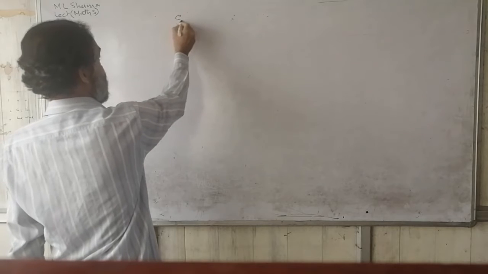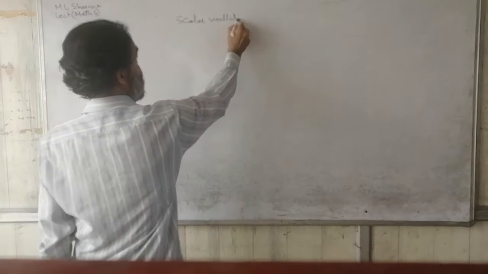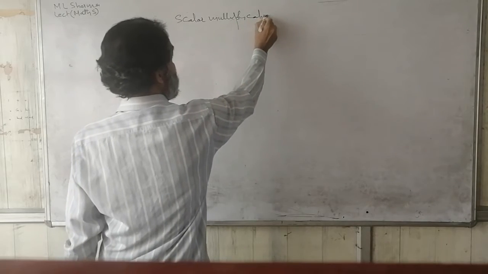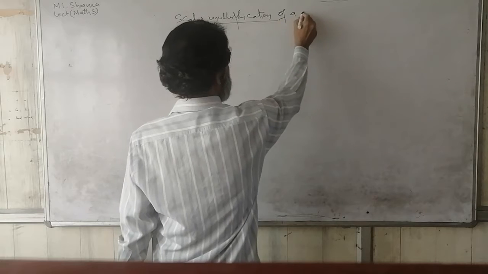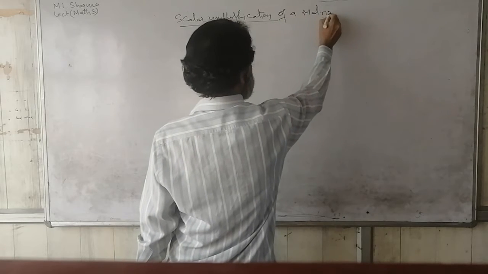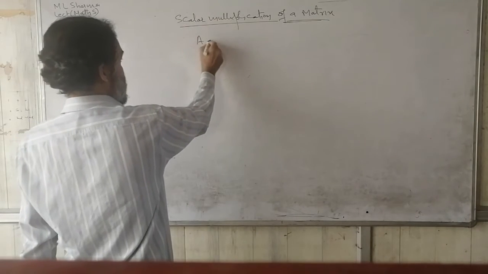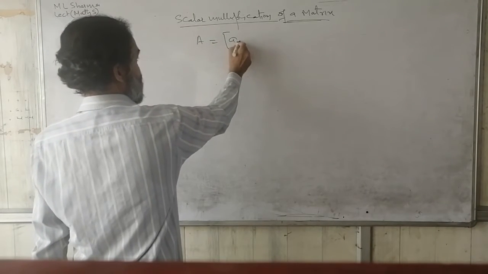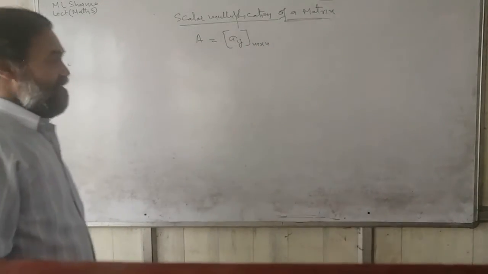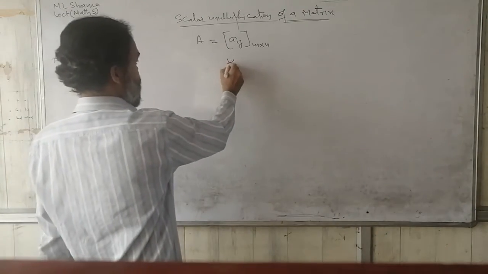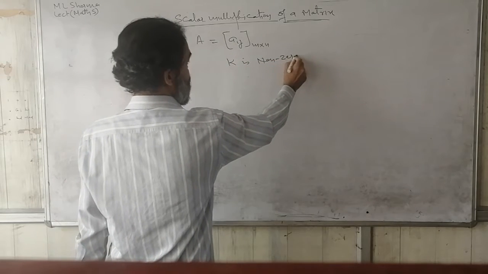That is scalar multiplication. Suppose I have a matrix having order m into n and k is a non-zero scalar.